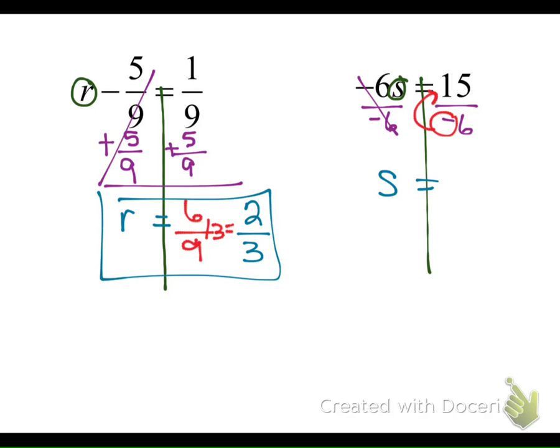So if I'm just going to simplify it by hand, looking at it, what are 15 and 6 both divisible by? I can divide both of these numbers by what number? 3, yeah.